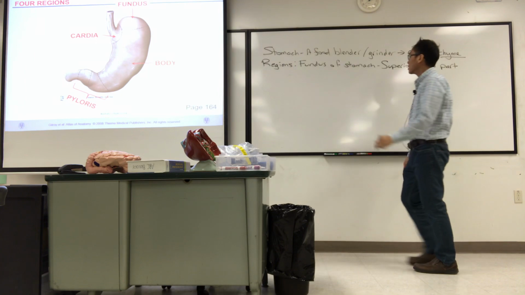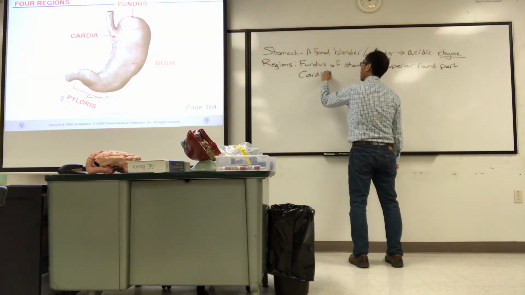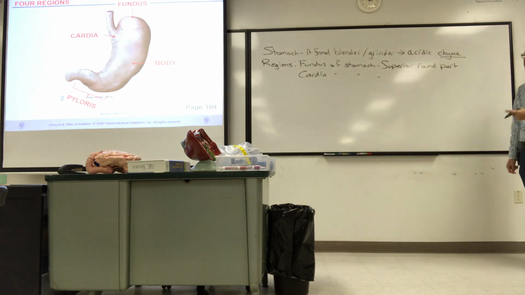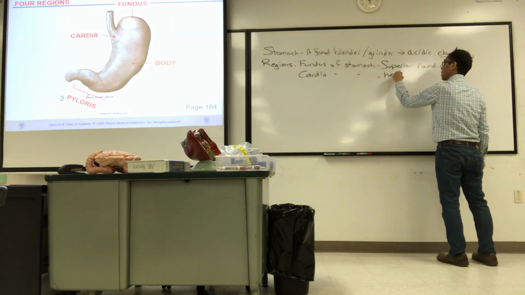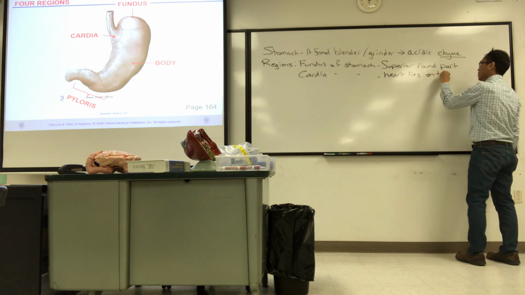The cardia of stomach, well, it's called that because it's right next to the heart. Right above that, you have the diaphragm, and right on top of that is the apex of the heart. I'll just say the heart lies on top of this region.